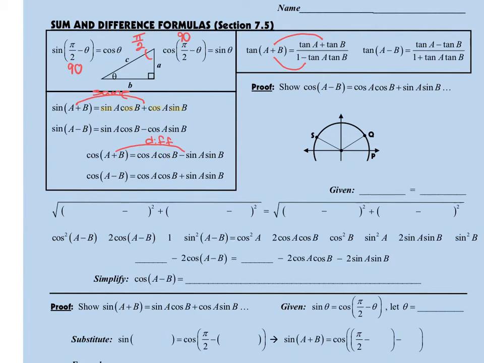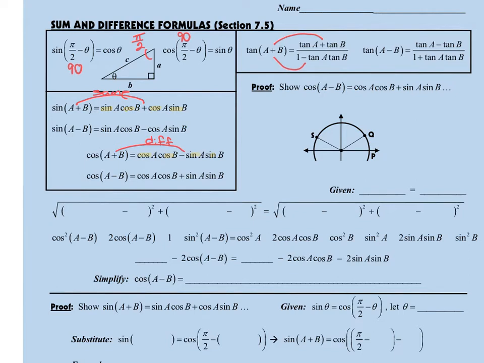So we've got sine, cosine, cosine, sine, and then cosine, cosine, sine, sine. That's going to help you keep track of it. The same thing is going to be true about the AB. So I've got an AB pattern here, AB pattern here. On tangent in the numerator, we're going to add the tangent values for the 2 different angles. In the denominator, we're going to have 1 minus their product.